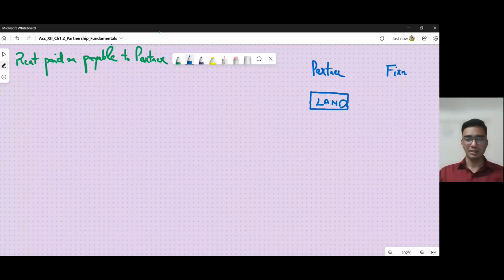So now this kind of rent which is payable to the partner by the firm, we are talking again in terms of the firm. So for the firm, this rent is going to be an expense. If it is an expense, this expense is going to be written on the debit side in the P&L account. So this is a charge against profit.